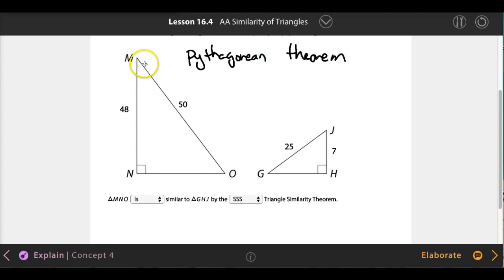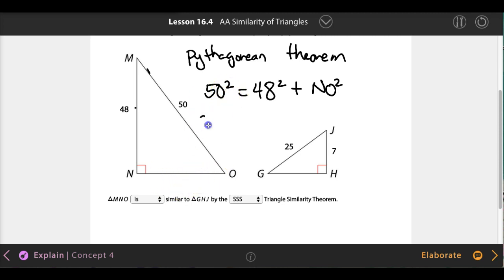So what you're going to do is say 50 squared is equal to 48 squared plus NO squared. Okay, because that's this side. So then, using that, you can go ahead and figure out how long this side is, okay?